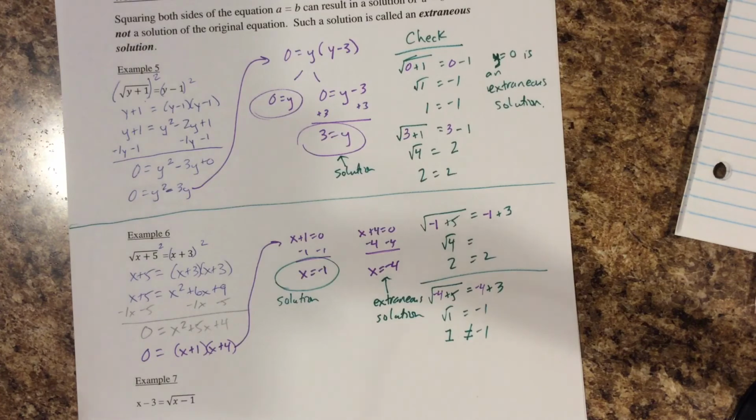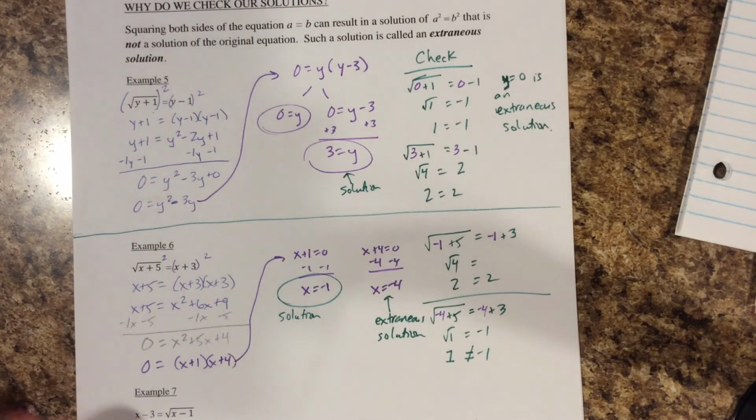Now at this point, some kids typically think that, oh, look at that, these two examples, one answer worked and one answer did not. That's going to always happen. No, that is not going to always happen. I have encountered equations where both values work and I have encountered equations where both values do not work.